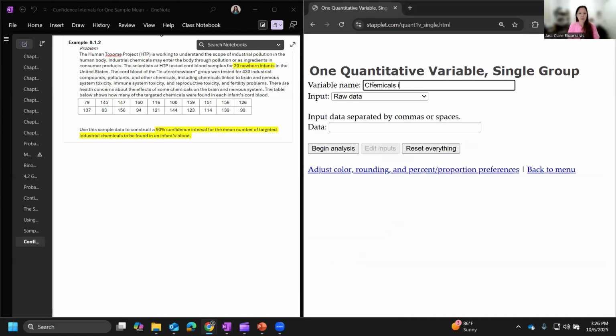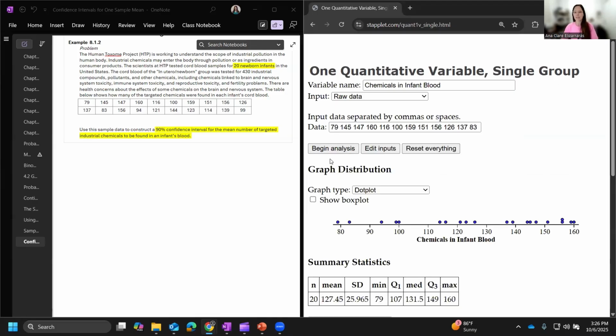chemicals in infant blood. And I'm going to enter the values of 79, 145, 147, 160, 116, 100, 159, 151, 156, 126, 137, 83, 156, 94, 121, 144, 123, 114, 139, and 99.